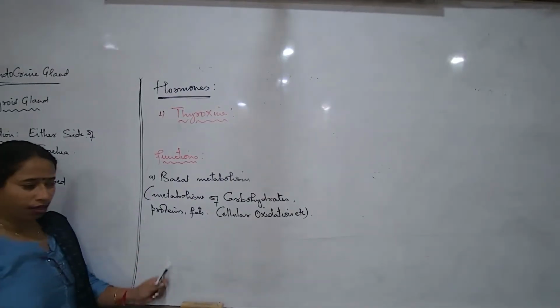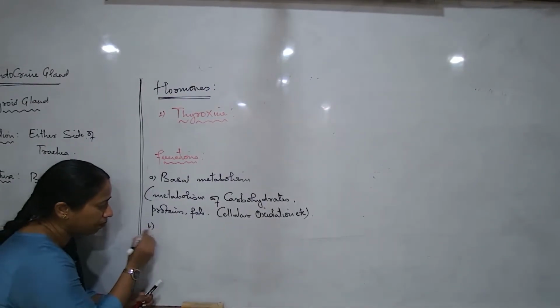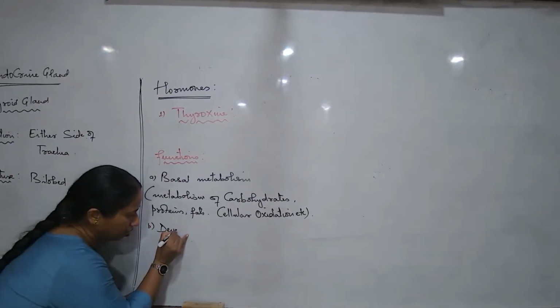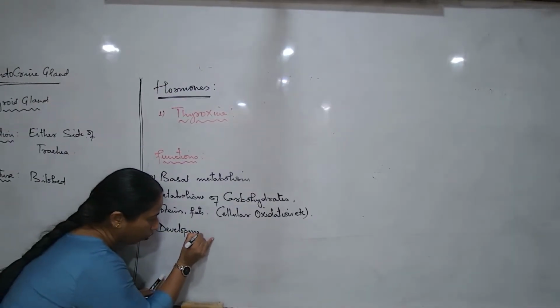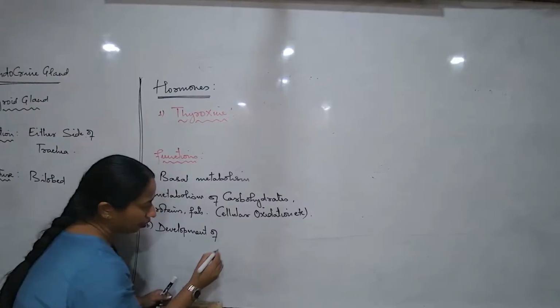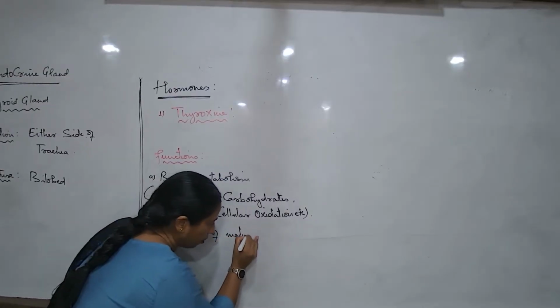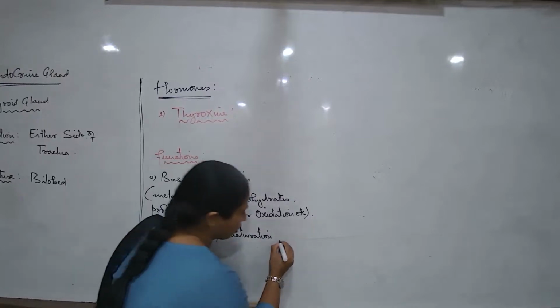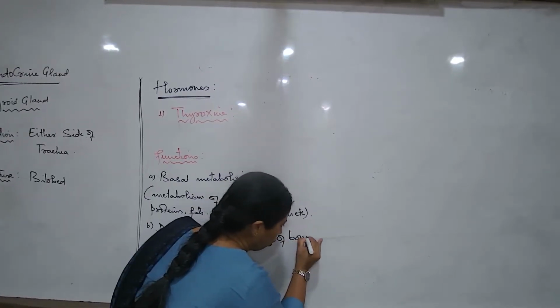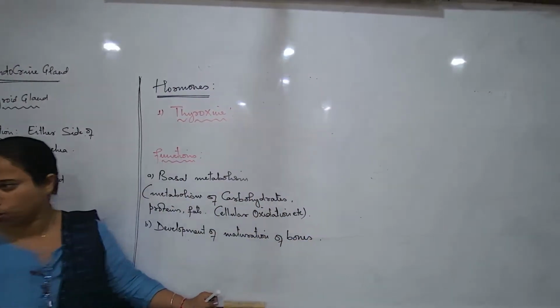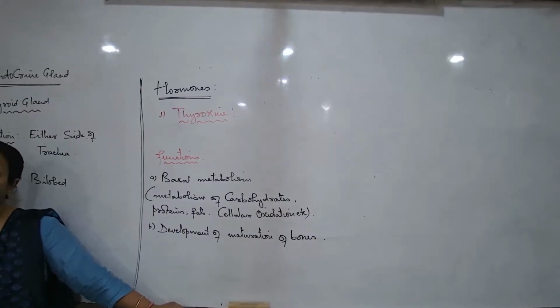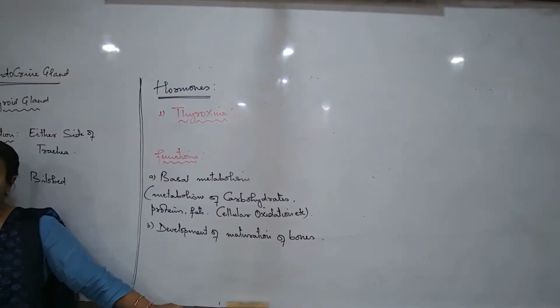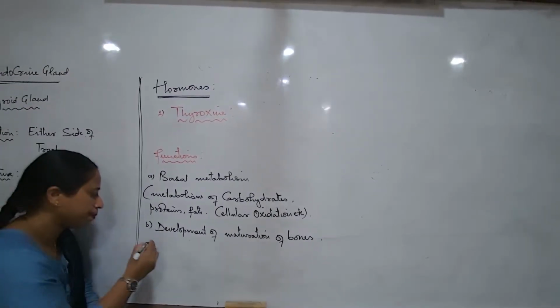What is the second function? The second function is development and maturation of the bones. Bone ossification, meaning absorption of the calcium, phosphorus, development, maturation of the bones. That is also a function of thyroxine.